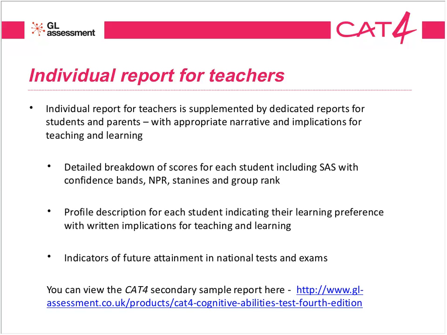So for each individual, we can actually produce up to about a page of A4 of handy hints and tips about how a particular bias might manifest itself in the classroom and how you might best work with those particular biases.